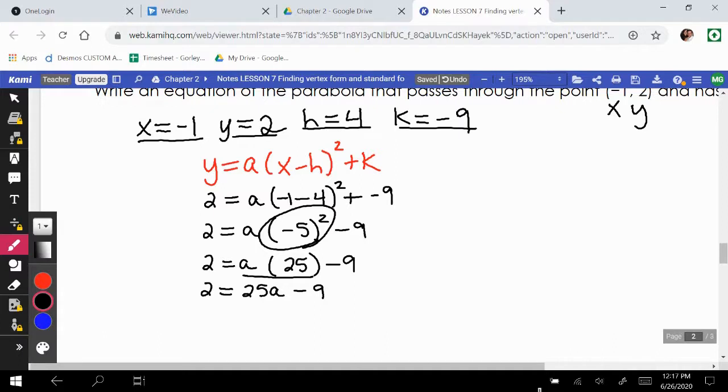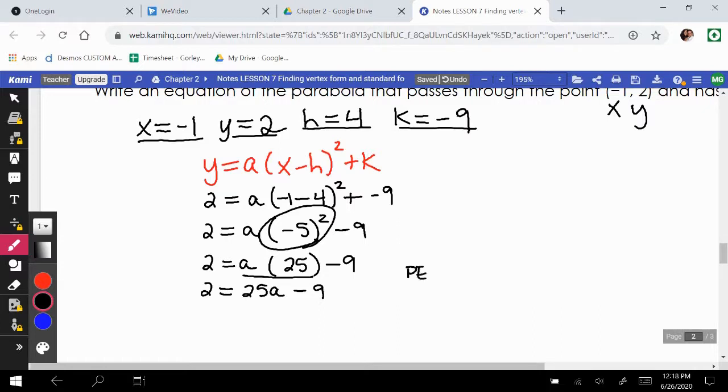And now that we have simplified everything we can on either side of the equal sign, now we're going to start moving things to different sides of the equal sign.